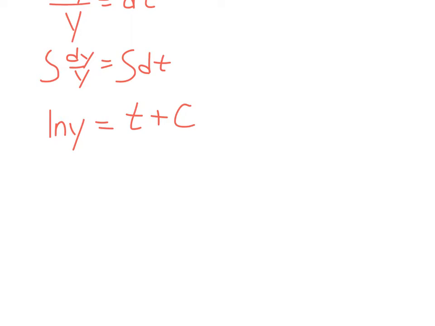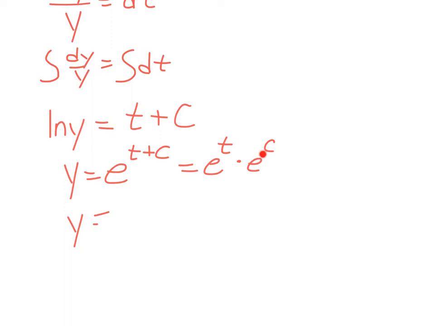We do want to solve for y here, so we're going to switch the form, and so then y becomes e to the t plus c, and if you want to see this, this would be the same as e to the t times e to the c. Well, that's just a constant, right?